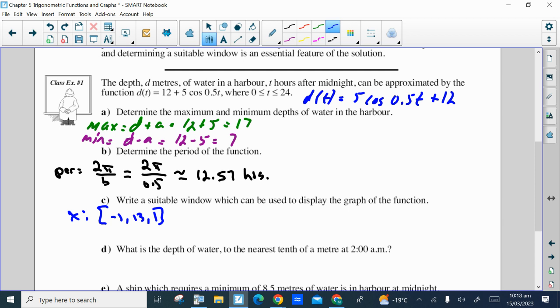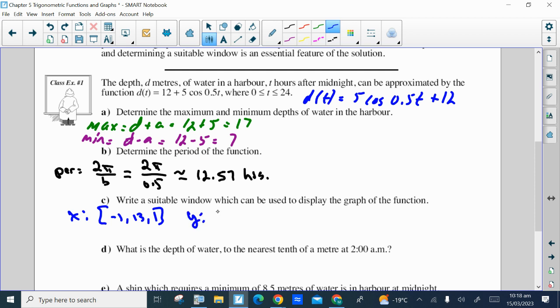I'm choosing these numbers because our period is 12.57 hours. And the reason we might start at -1 instead of 0 is that if you start at -1 on the x-axis, then you will clearly see where the y-axis is. It won't be right along the edge of your graph or the edge of your window.